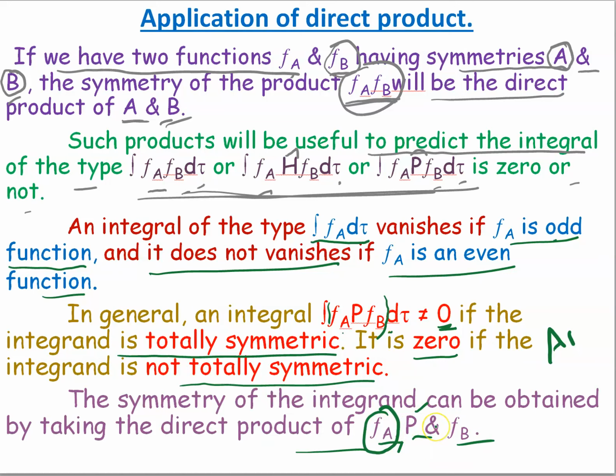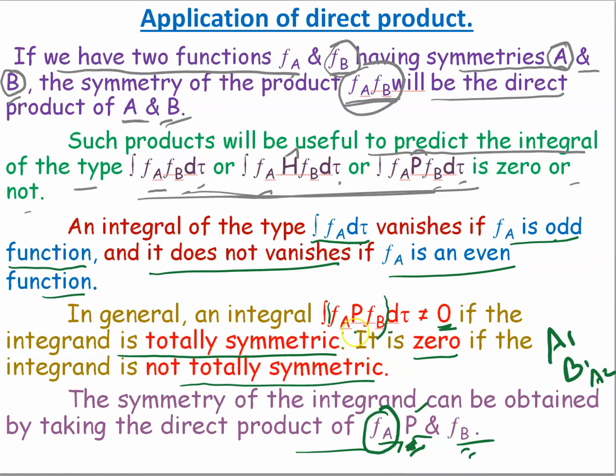You will check that in the character table, in the third column, where there is an x vector. The corresponding irreducible representation is the symmetry of P. Suppose it is b1 and fb is again a2.